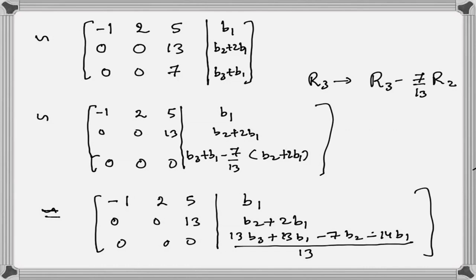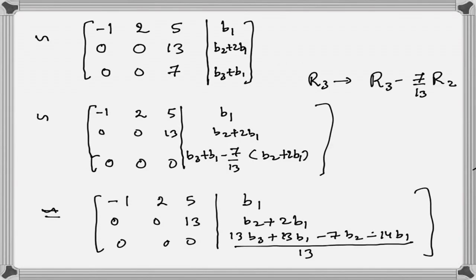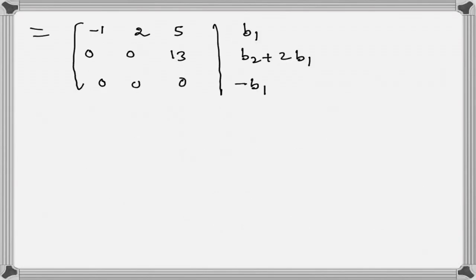So we get the following system: minus 1, 2, 5, b1; 0, 0, 13, b2 plus 2b1; 0, 0, 0, and here we get minus b1 minus 7b2 plus 13b3 divided by 13.